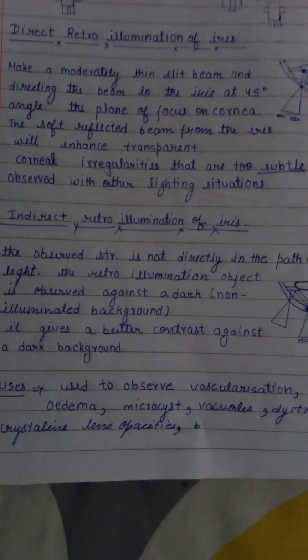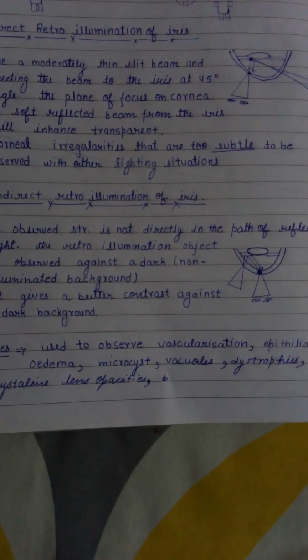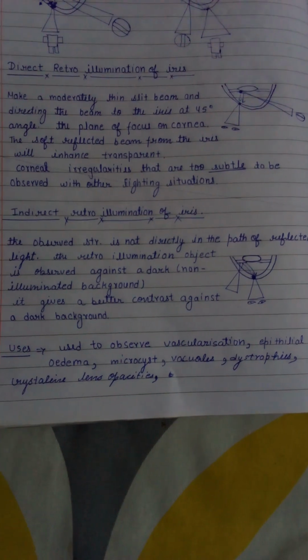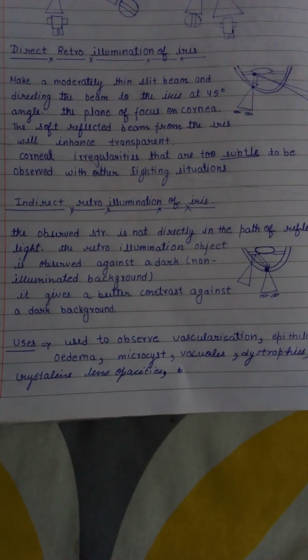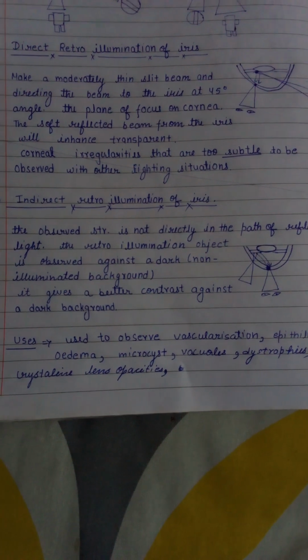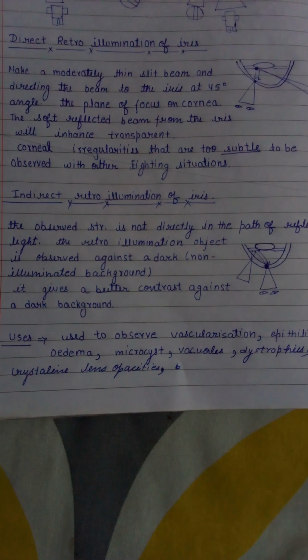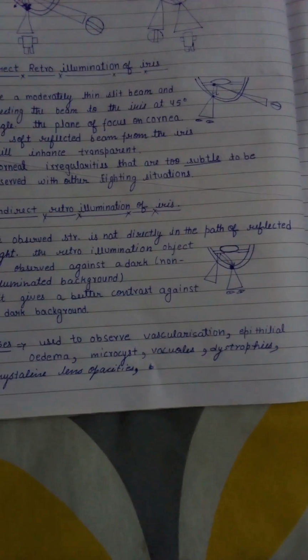In indirect retroillumination of the iris, the observed structure is not directly in the path of the reflected light. The object is observed against a dark, non-illuminated background, which gives better contrast. Here in this picture you can see indirect retroillumination of the iris.